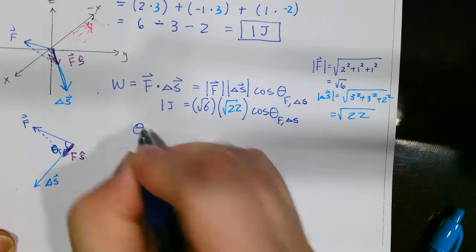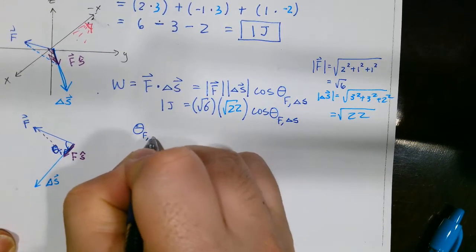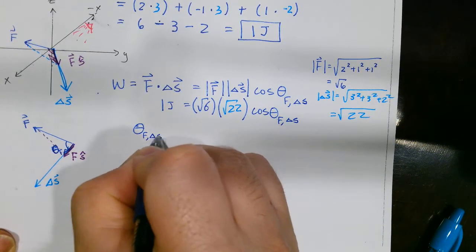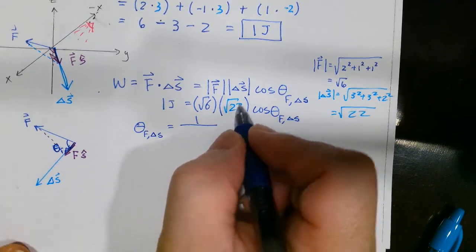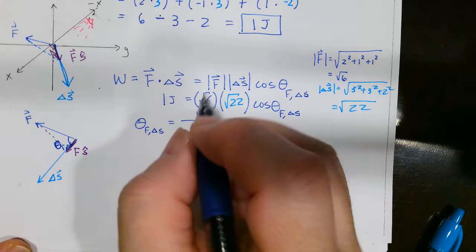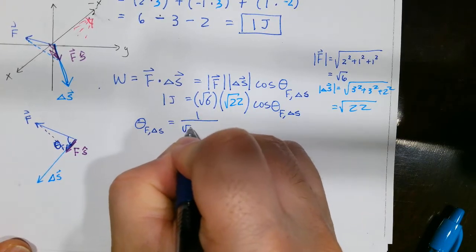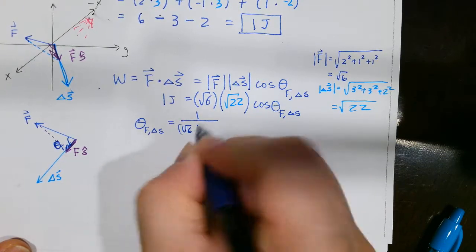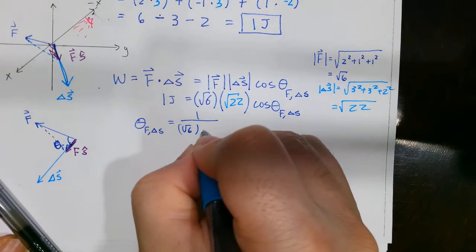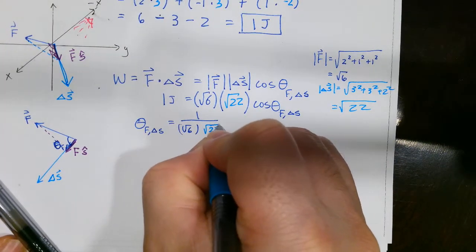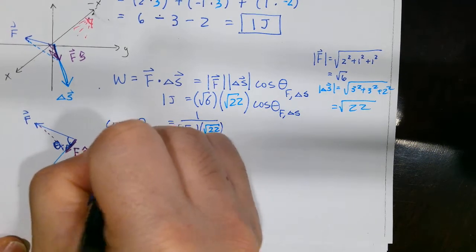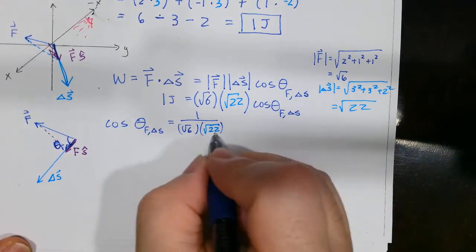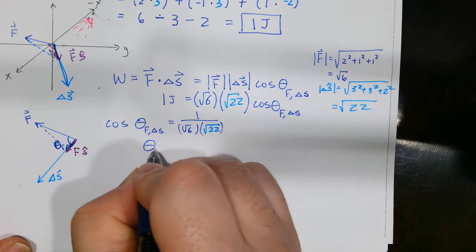So cosine of theta between F and delta S is equal to 1 over the product of these two, radical 6 times radical 22. Oops, I forgot the cosine. So what is theta?